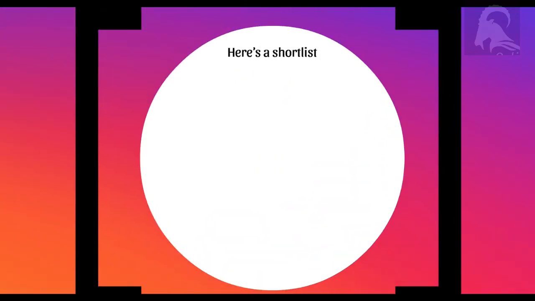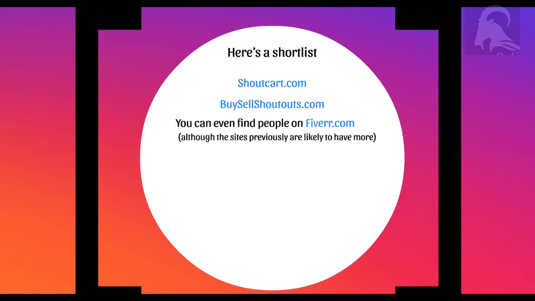So let's talk about a short list of where you can go to actually do this. You can go to shoutcart.com and pay people money. The nice thing about this is you can come here, you can find people specifically targeting specific demographics and specific interests and specific hobbies. You can go to buysellshoutouts.com. You can even go on fiverr.com. Although I would warn you, if you go here, you'll notice that some of these Instagram profiles could be developed with software.